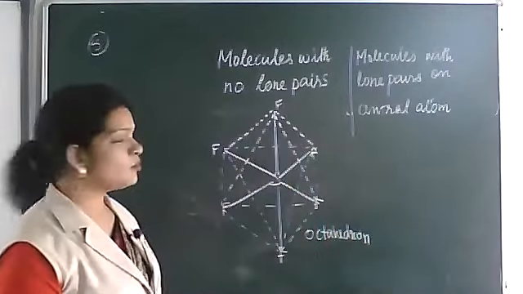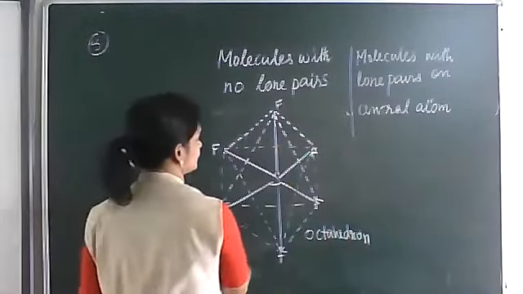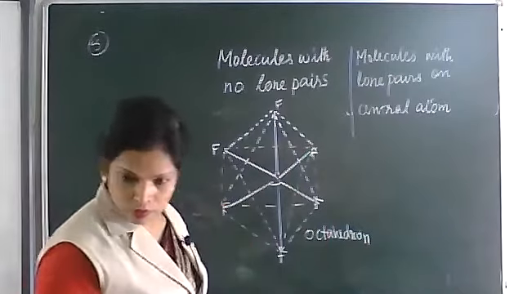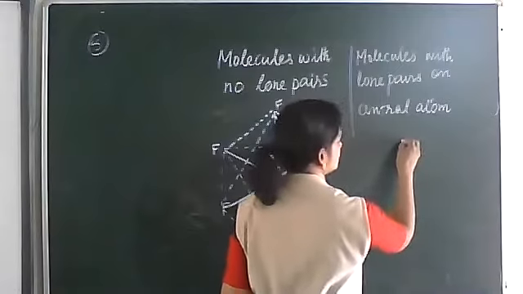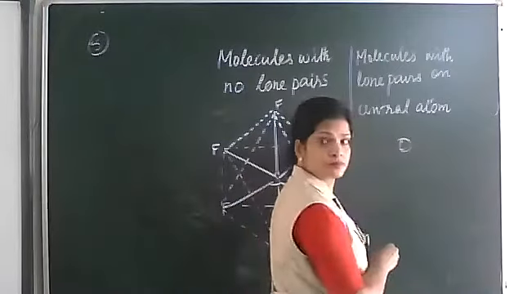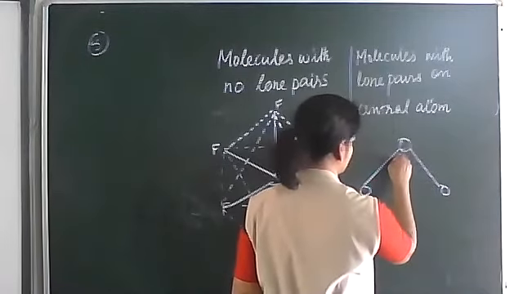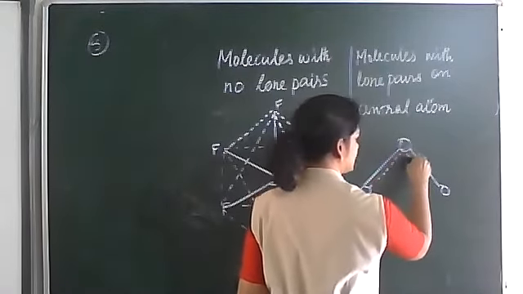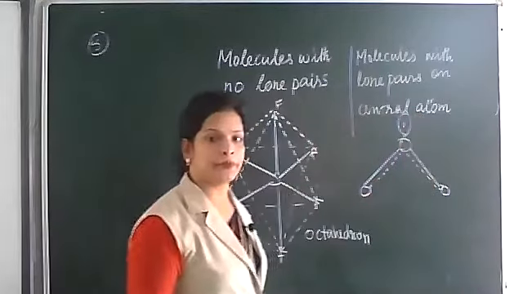Octahedral. Now molecules with lone pairs on the central atom. For molecules with lone pairs on the central atom, first one is ozone. Ozone. On oxygen there is a lone pair.